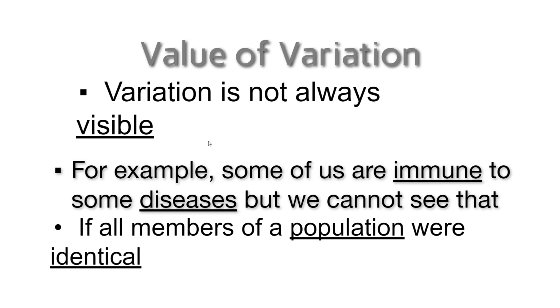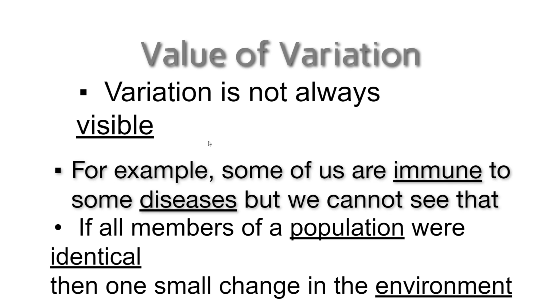If all members of a population were identical, then one small change in the environment could kill them all. This is one thing that's really bad about asexual reproduction. With asexual reproduction, at least for bacteria, you have a bacterial infection of some kind, you take antibiotics, right?